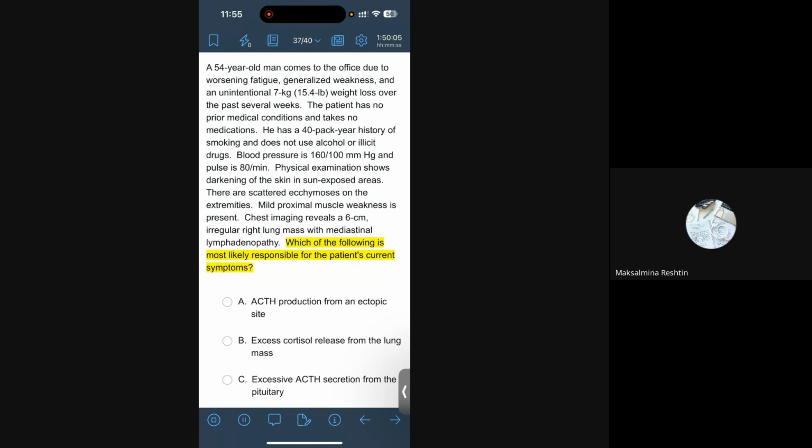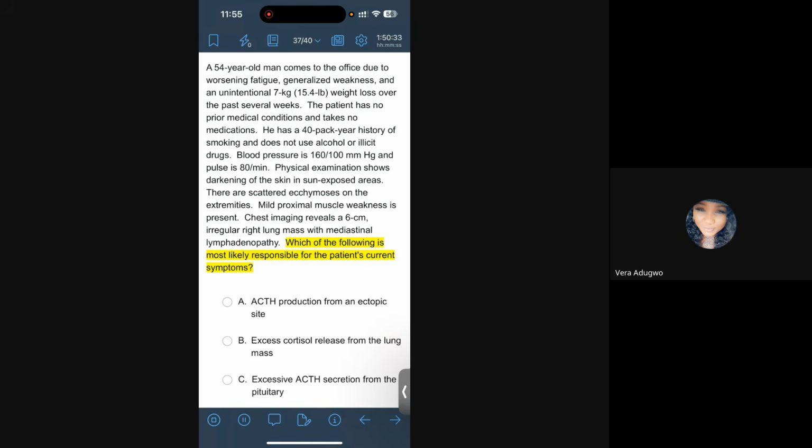So that means the main pathology site is not within the adrenal cortex, right? Because if the main pathology is within the adrenal gland, how will the pituitary gland respond to that? ACTH will decrease, by negative feedback.